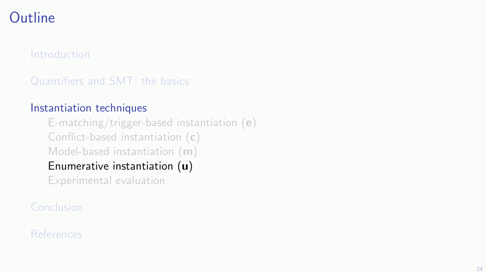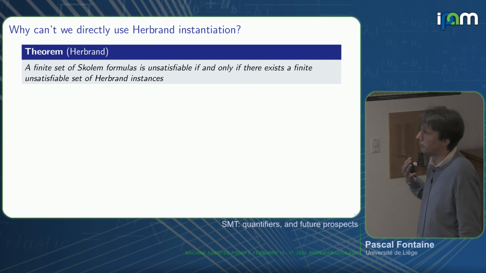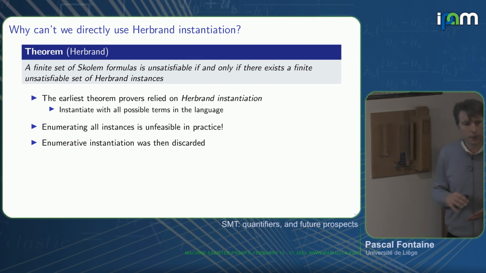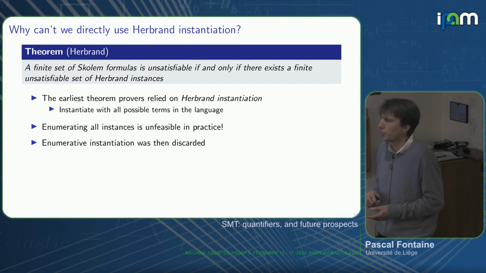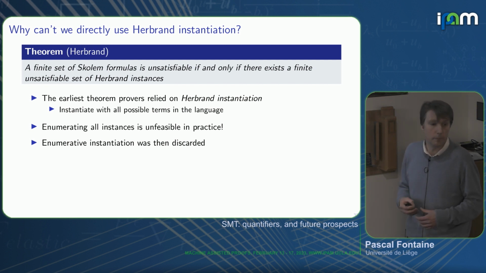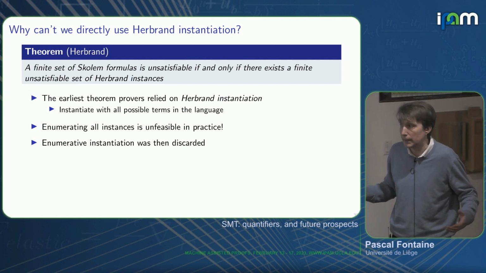So another technique we worked on was enumerative instantiation. Enumerative instantiation is, again, taking the Herbrand theorem, but directly in a straightforward way. Actually, 50 years ago, the earliest theorem provers relied on the Herbrand theorem for instantiation. But at that time, computers were not good enough to handle the many instances.